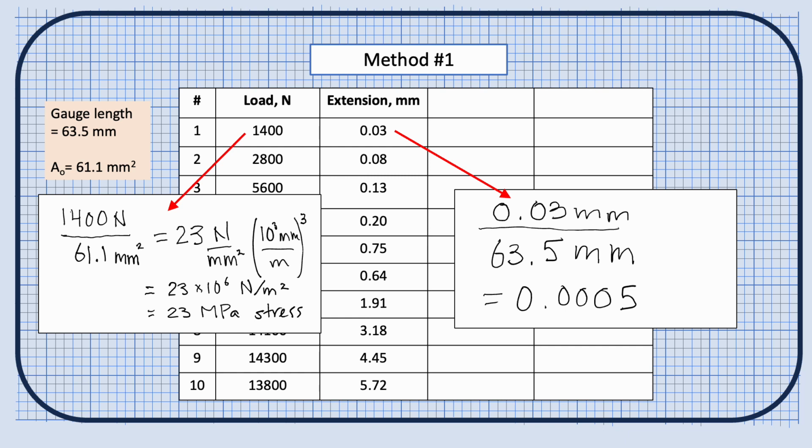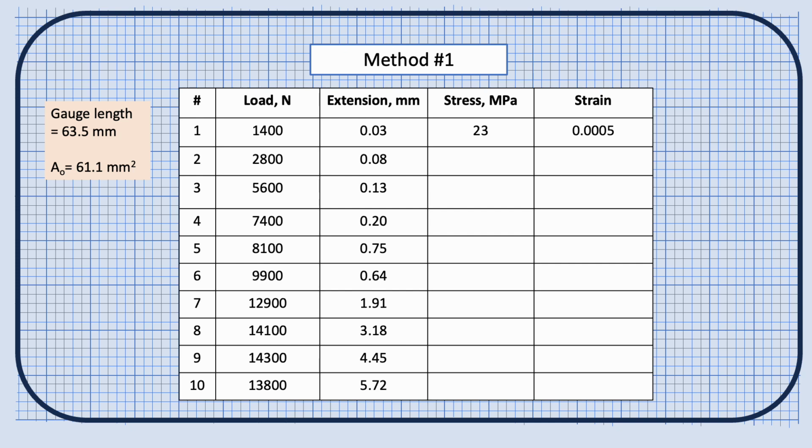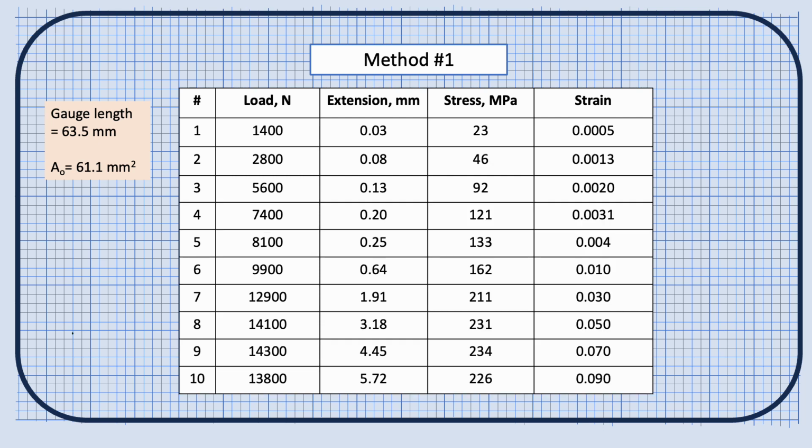I've got 0.03 millimeters extension, and I divide that by the gauge length to get a strain, which doesn't have units, of 0.0005. So I can do this for all of my data and record stress and strain values accordingly. My highest value of stress is 200.